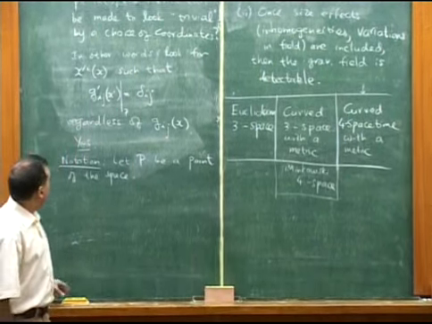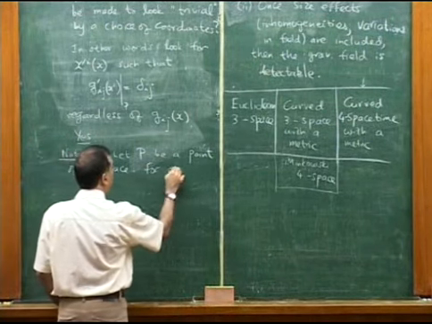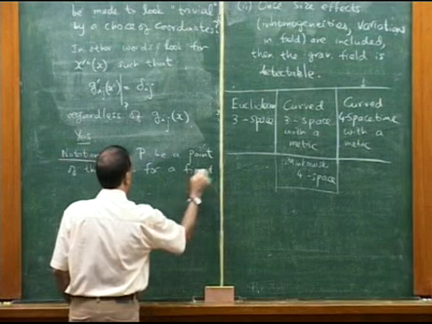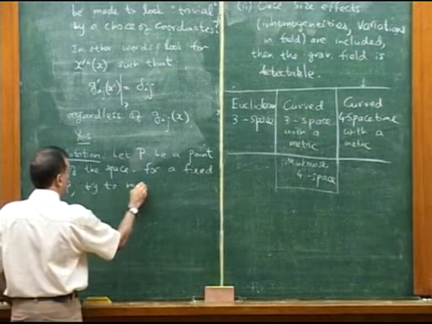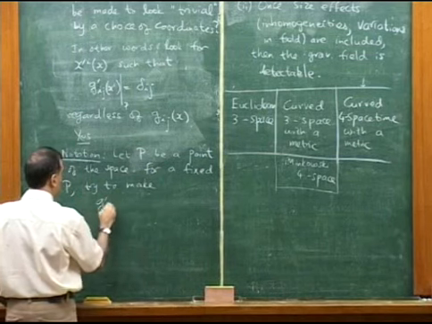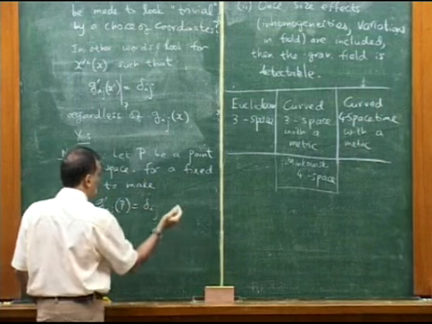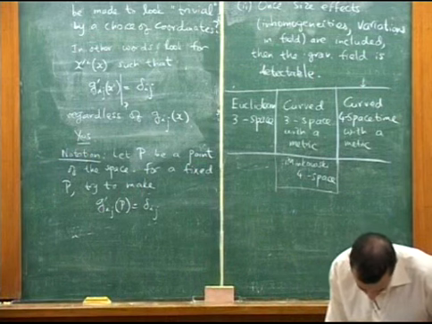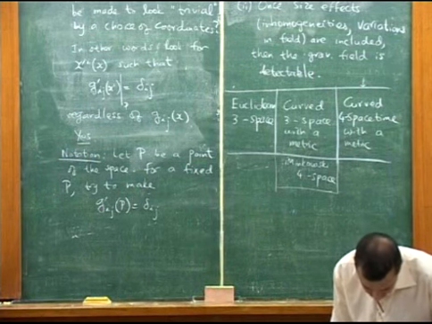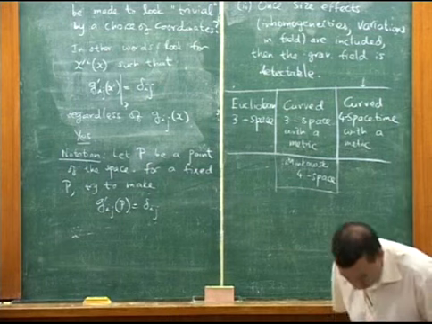Okay. So now the question is, for a fixed P, try to make g prime ij of P equal to delta. I like to say it in this way, then I don't have to worry what I write as the argument. Good.